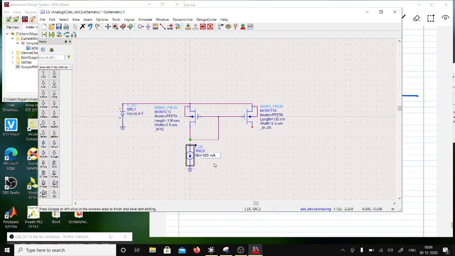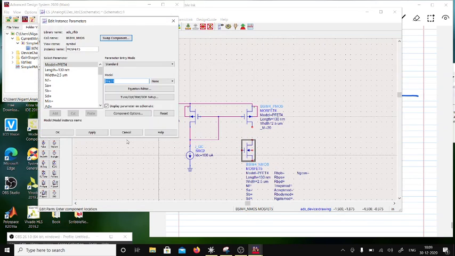With 100 microamperes, I'm expecting 1 milliamp on this side, and then I need an NMOS, so I'll copy this one, flip it, place it here, change this to N, and change the model to NFET4.